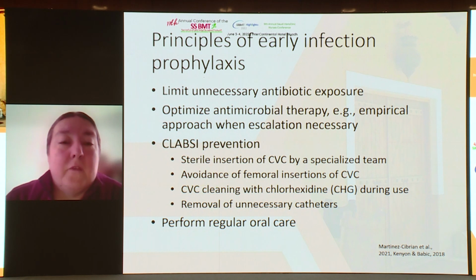There we have to look for sterile insertion of central venous catheters by a specialized team. Then we should avoid the femoral insertion of CVCs, as they have a higher risk for developing infections.